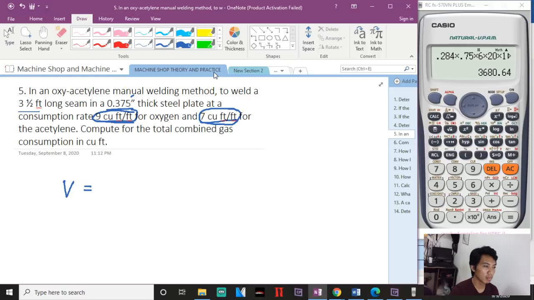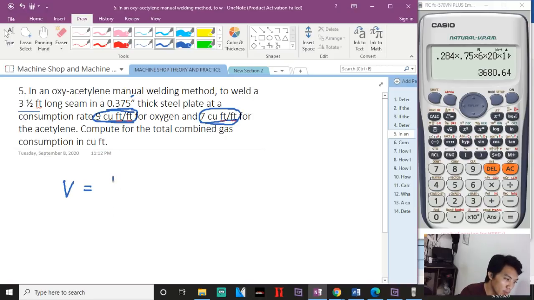Yung 3.5 feet, sir. 3.5 feet. Bakit? Sige nga, nag-welding ba kayo? Di ba ang kino-consider na lang naman natin sa weld is always the length of the weld, not the thickness of the plate pagdating sa consumption? Tama ba ako? Okay? Yes, sir. Yes, okay. So, paanong gagawin mo dito?